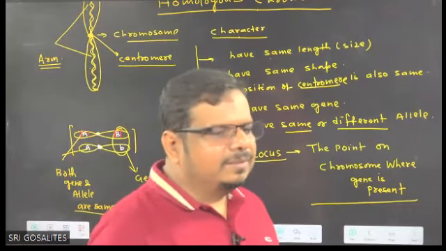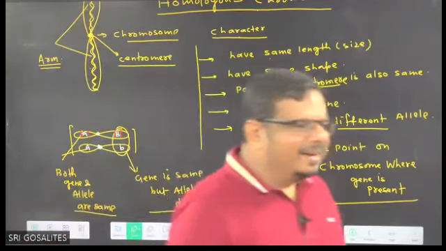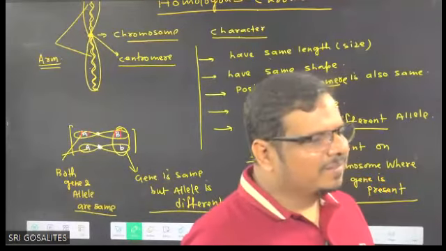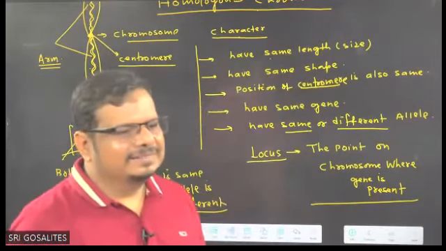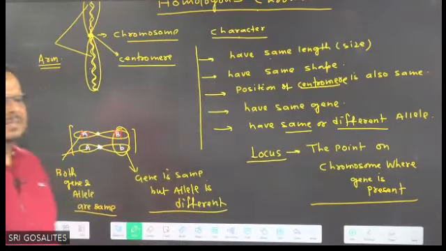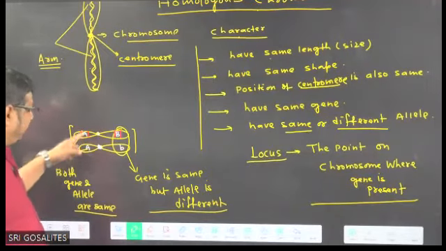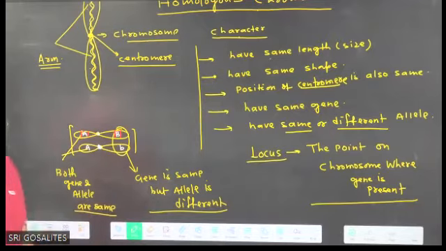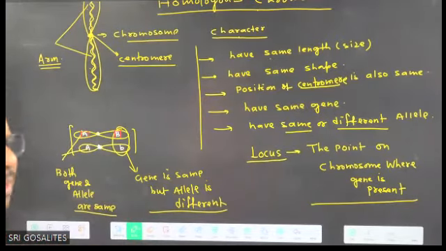What is the difference between gene and allele? I told you, an alternative form of a gene is called an allele. Okay, got the idea? Here, can I say for gene A, both gene and allele are the same, A and A. But in the case of B, both gene and allele are what?